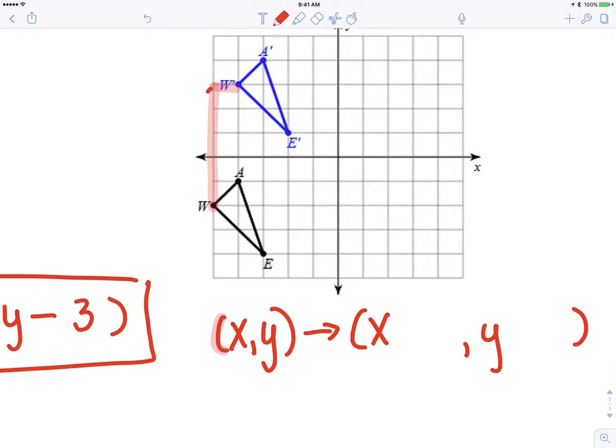Since I'm going up, I know I'm going to add to y, and since I'm going to the right, I know I'm going to add to x. So I know those are plus signs there. All right, I went up 1, 2, 3, 4, 5. So I'm going to add 5 to y, and then I went over 1. So I'm going to add 1 to x. And there is the rule for the transformation that's in that picture.